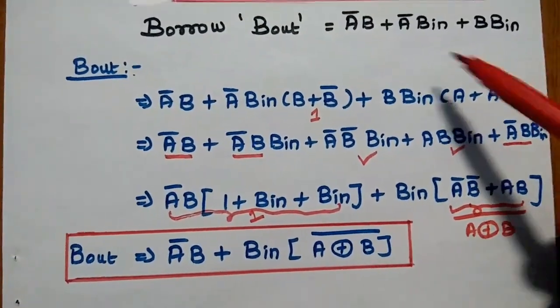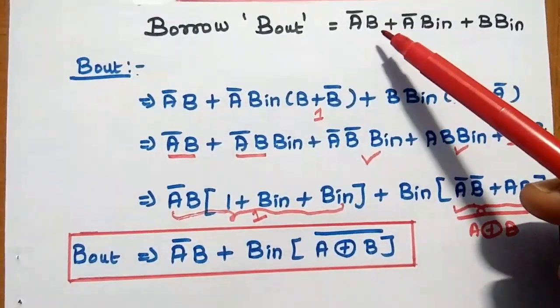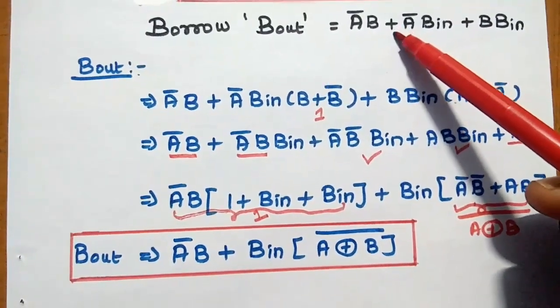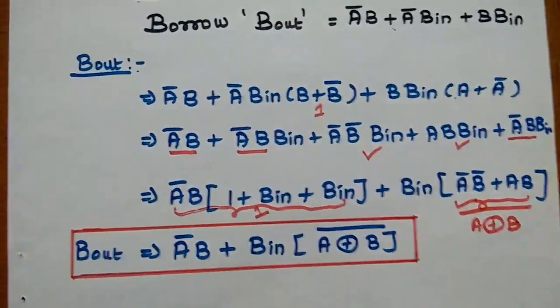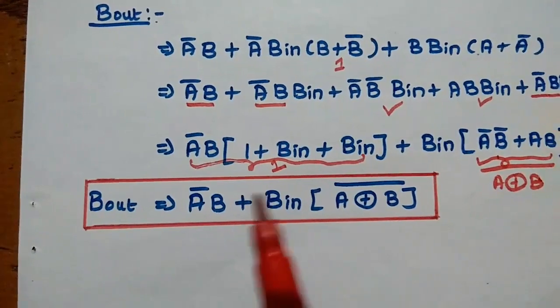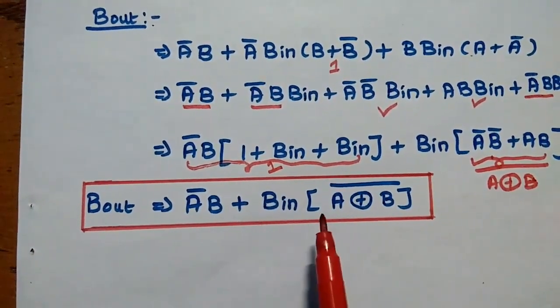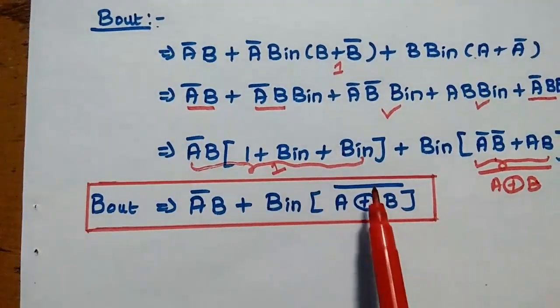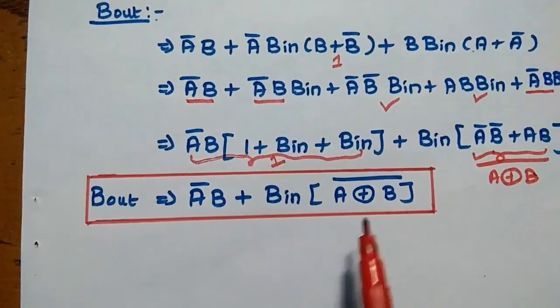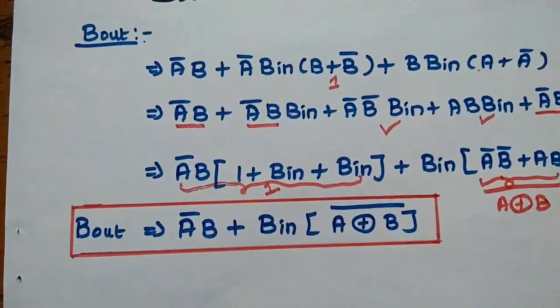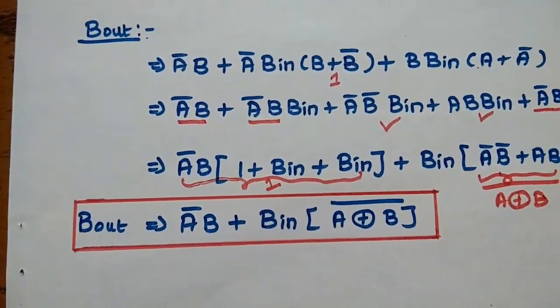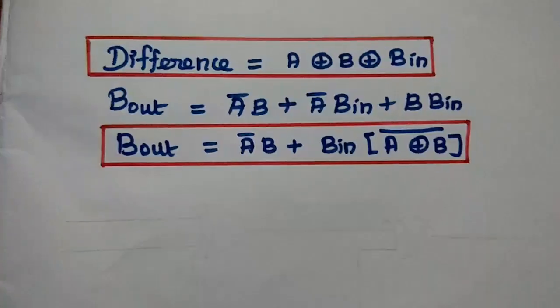So we have simplified the output borrow expression from this to this. Now we have obtained the borrow as A bar B plus B in multiplied with the complement of XOR gate. So for these two expressions we are going to draw the full subtractor.